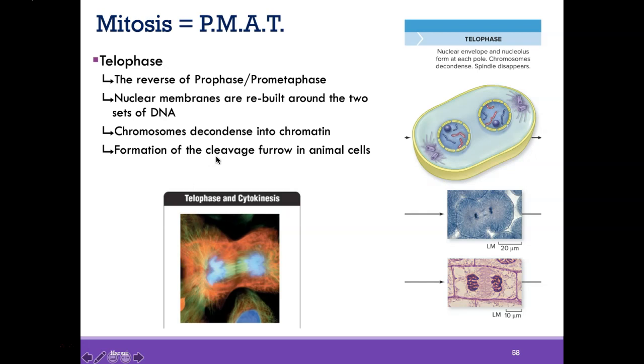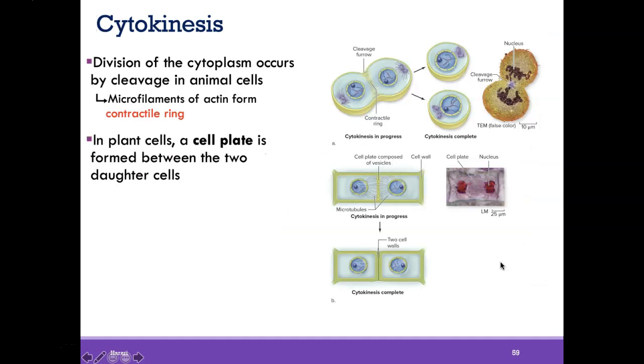There's also the formation of what's called the cleavage furrow in animal cells. It's shown here, and it's a shallow groove that cinches the middle of the cell. And that's going to start cytokinesis. Cytokinesis is division of the cytoplasm, and it occurs by cleavage in animal cells.